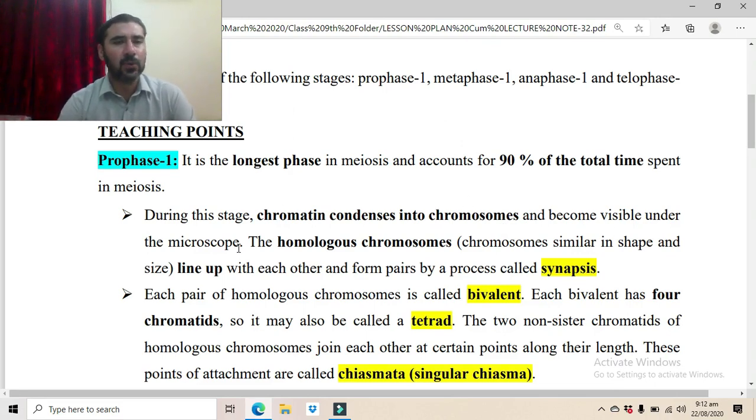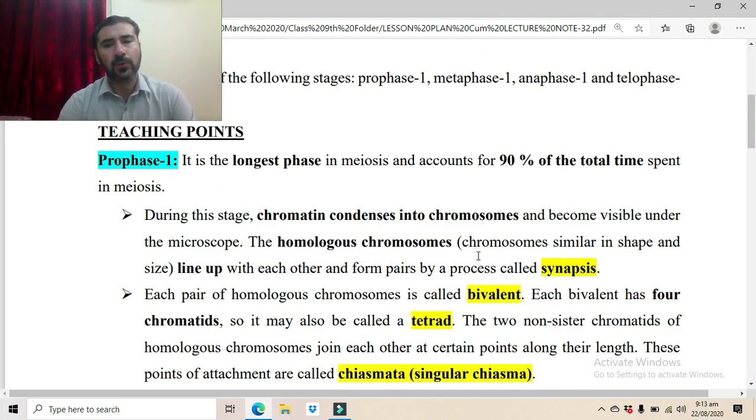This is similar to mitosis. Just like in the prophase of mitosis, the chromatin condenses into chromosomes. Same is here in meiosis: in prophase 1, the chromatin condenses into chromosomes, and those chromosomes are prominent and visible under the microscope.